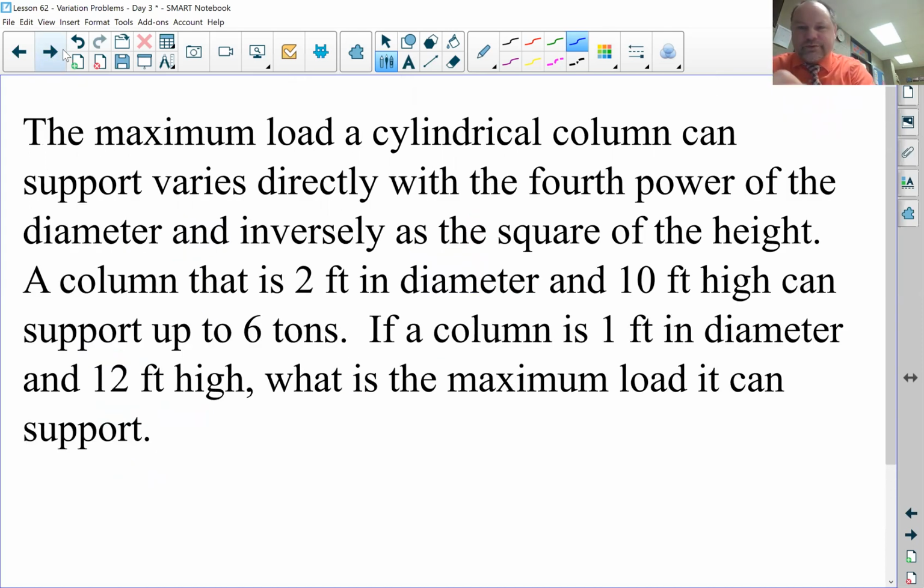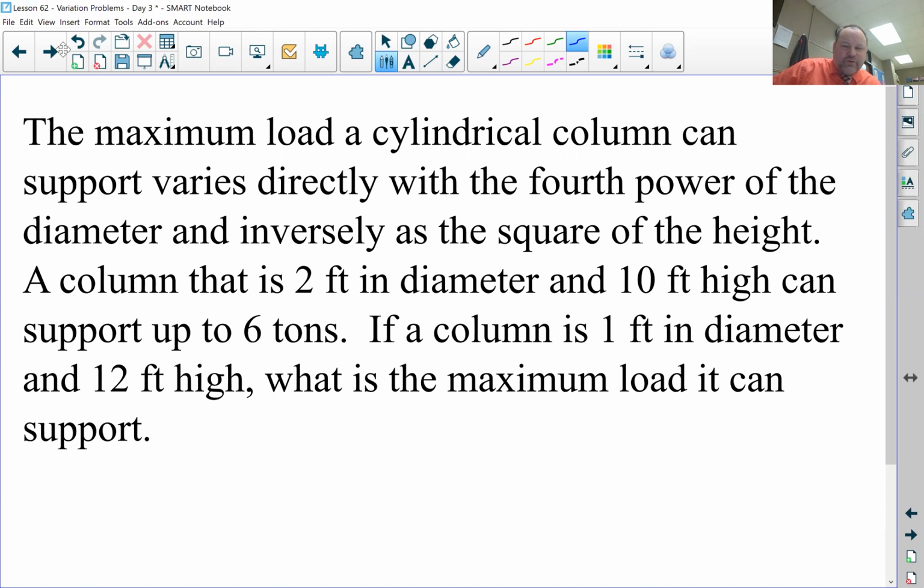So here we have a wonderful word problem. The maximum load a cylindrical column can support varies directly with the 4th power of the diameter and inversely as the square of the height. A column that is 2 feet in diameter and 10 feet high can support up to 6 tons.